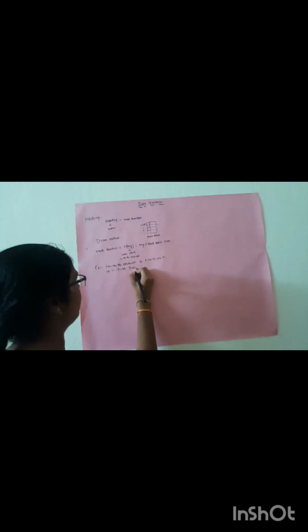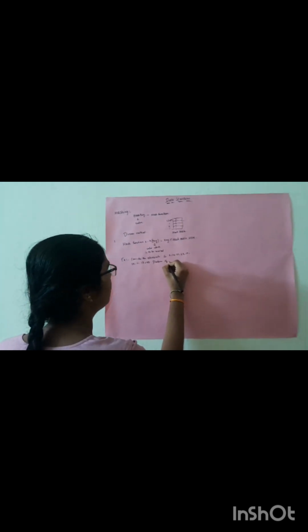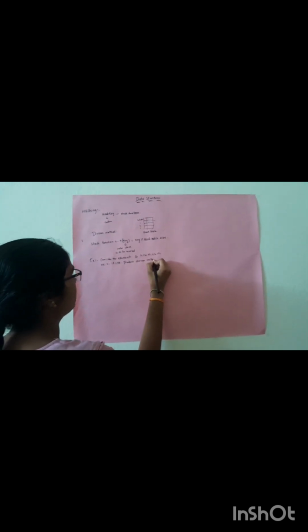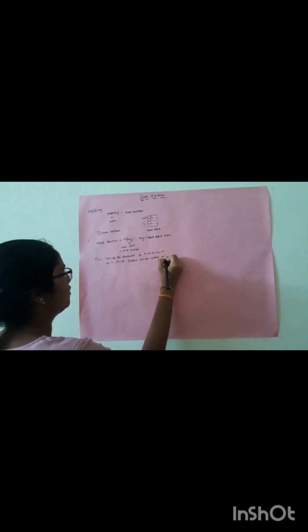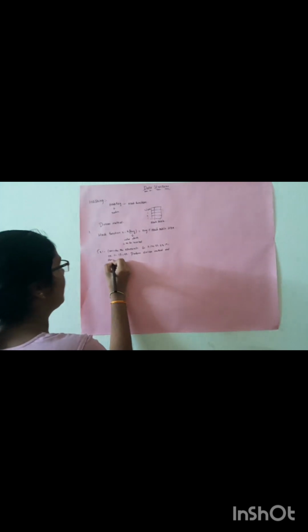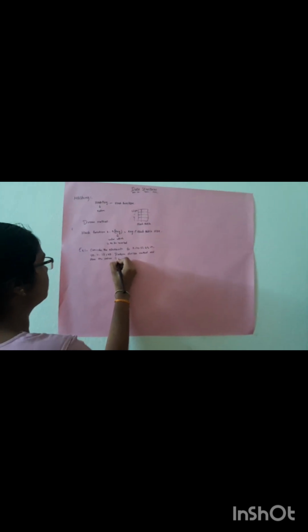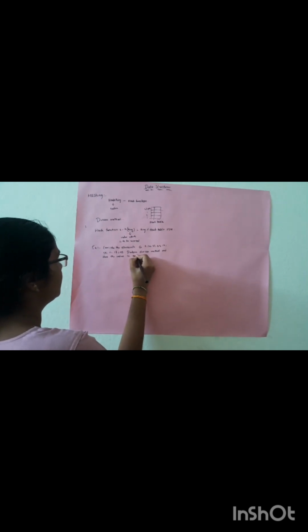Perform the division method and store the values in a hash table.